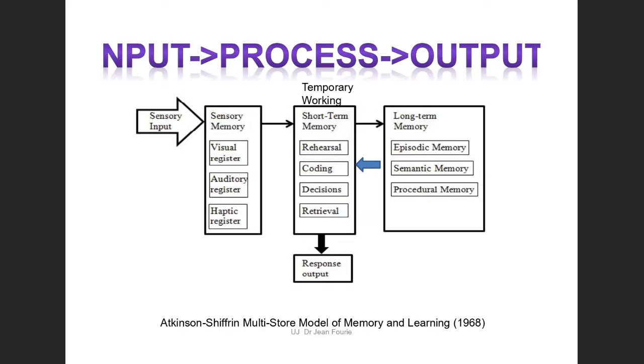There can be some response, some output that happens there. Okay, so that's a brief overview of how the information processing model works, and you can go and read up on it and get more detail.